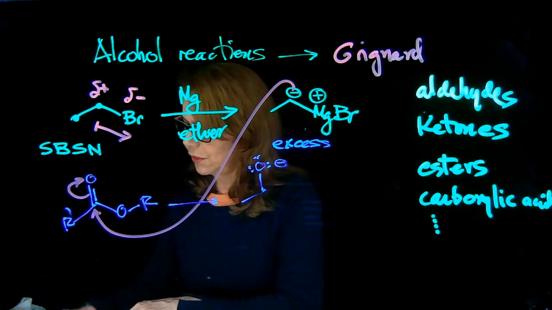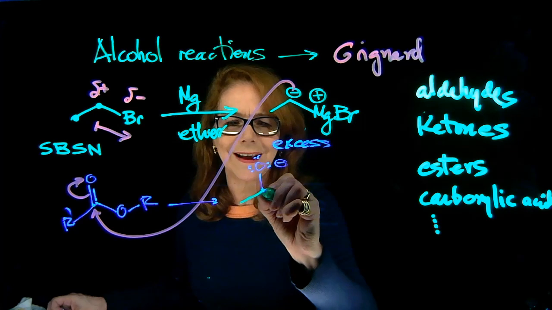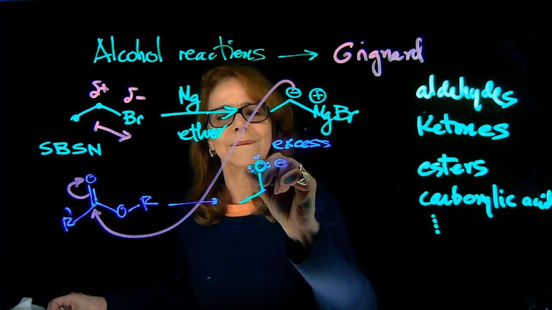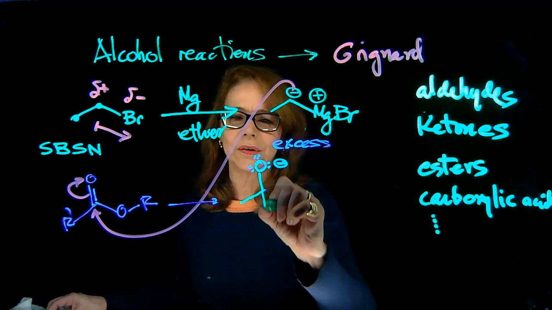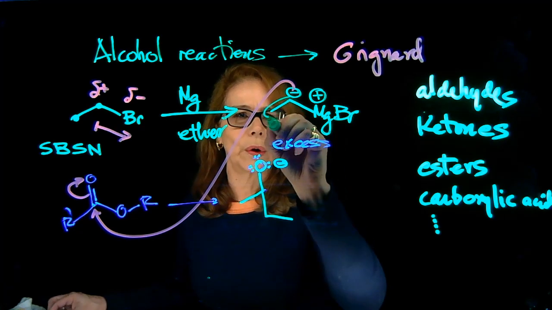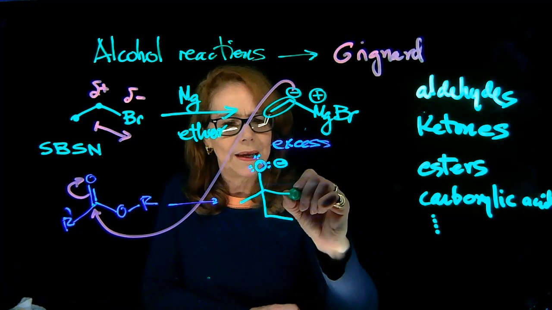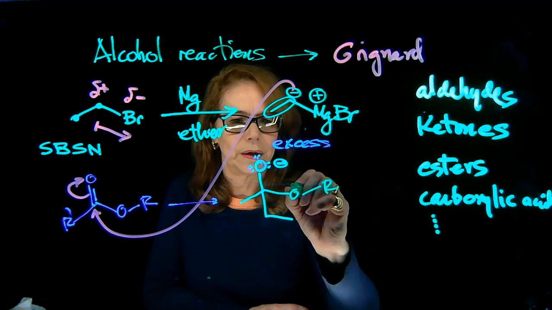I think I need to use another color here. So now here you have two carbons. Remember, we're adding that fragment. And here you have the other part of the ester.